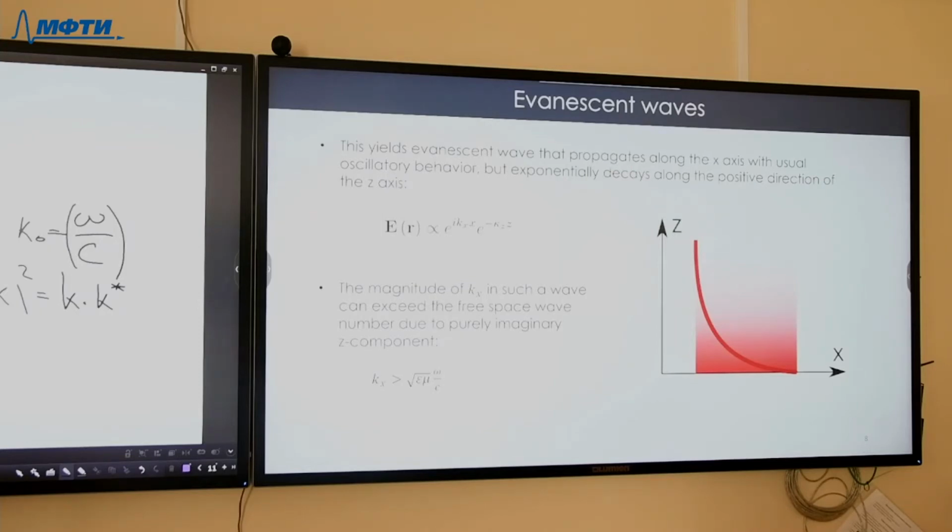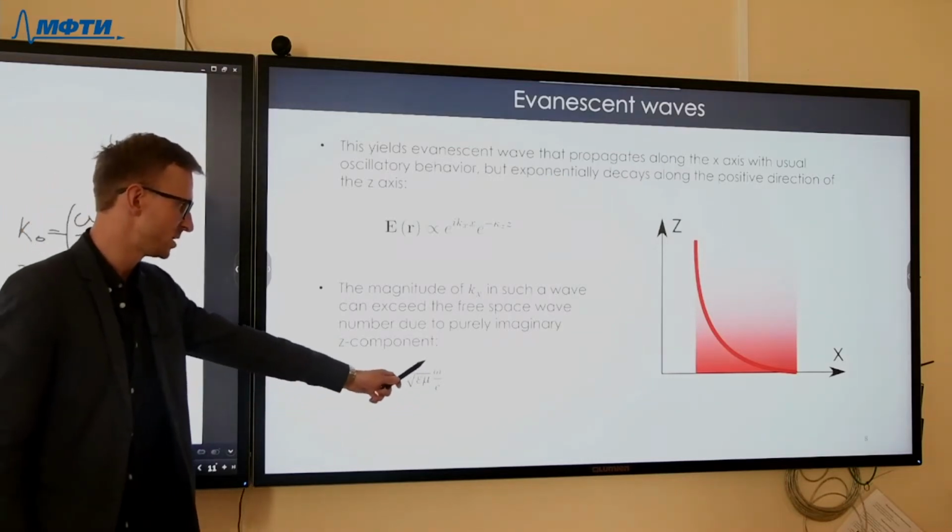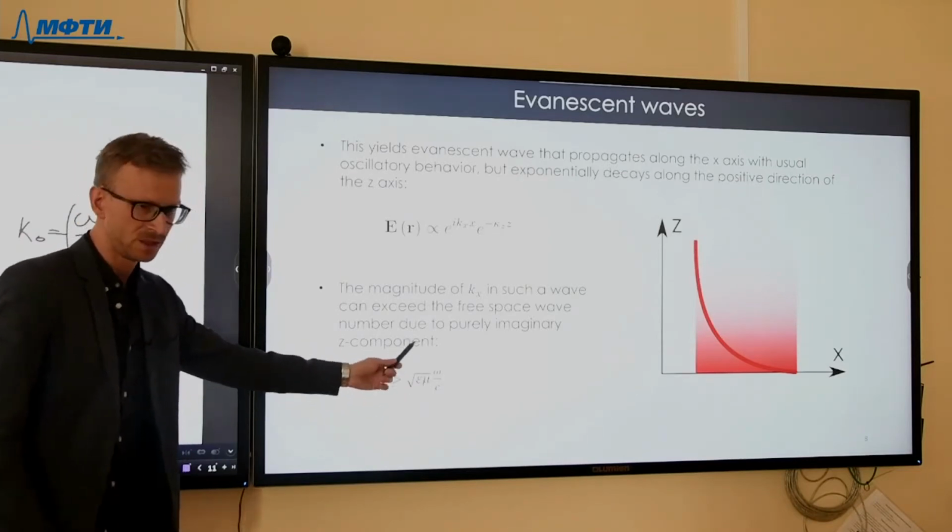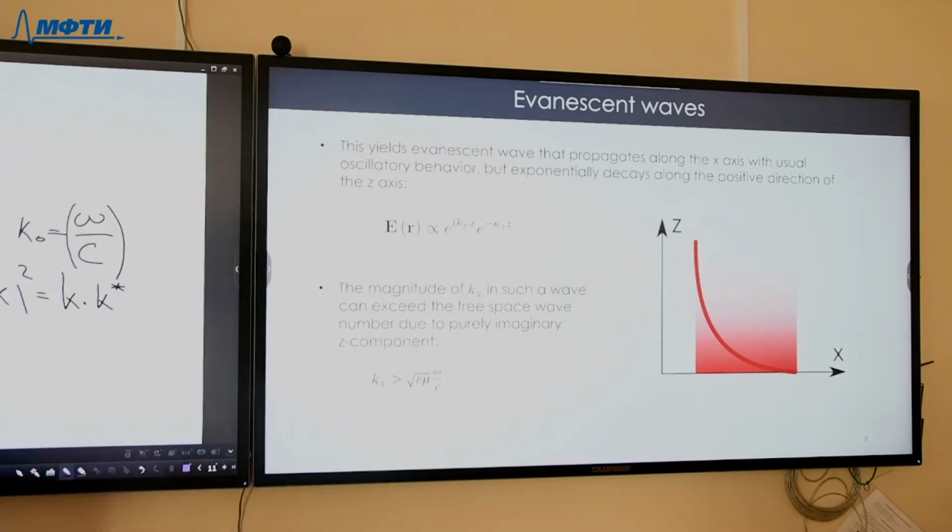And in particular, due to that property of our evanescent waves, the kx component of the wave vector may exceed what would be the equivalent wave vector of a homogeneous wave in the same medium.